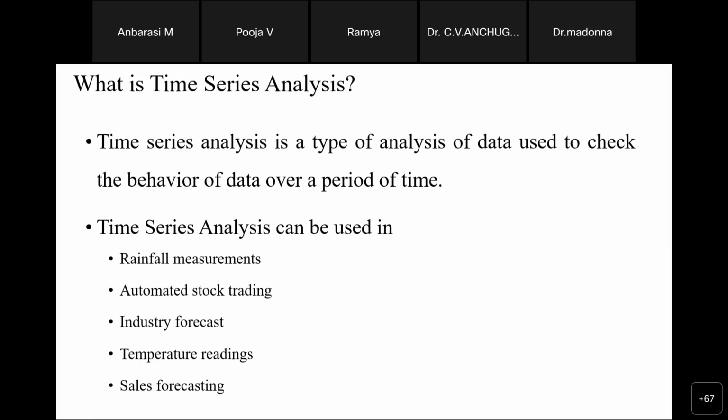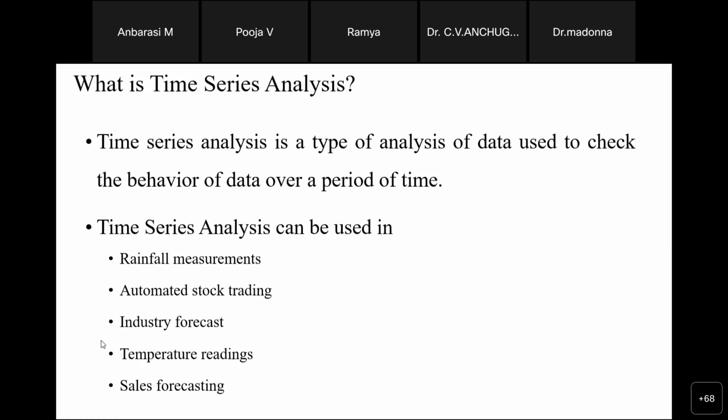If there is huge rainfall, there is a chance of landslide also, so there also we use time series data. Even automated stock trading uses time series data. They analyze the historical stock prices to identify the current trend, and based on that they can forecast the future price.